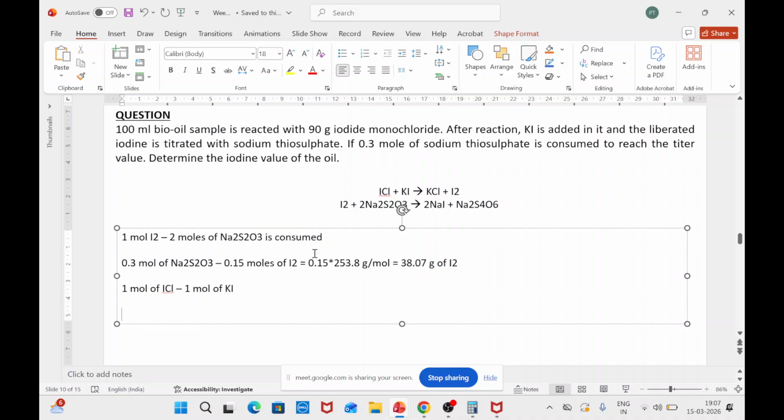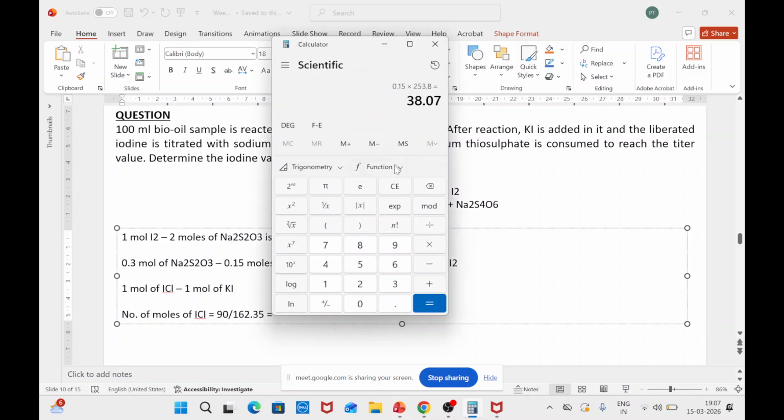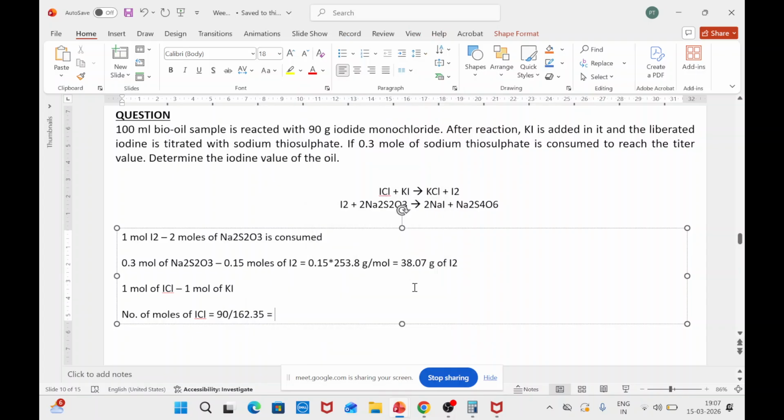So the number of moles of ICl will be 90 by the molecular weight of ICl, 162.35, which is 0.554 moles.